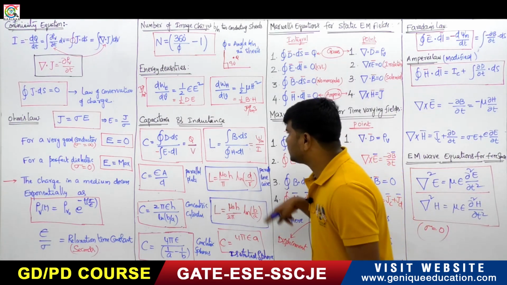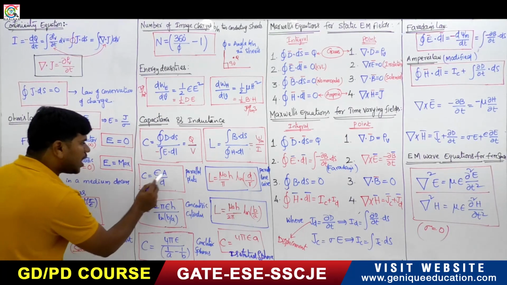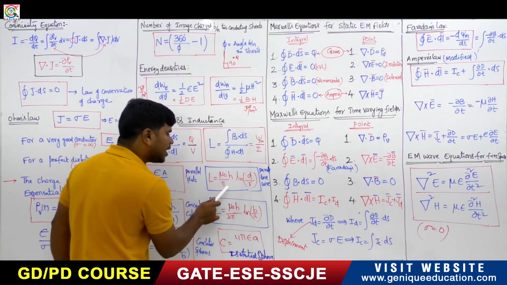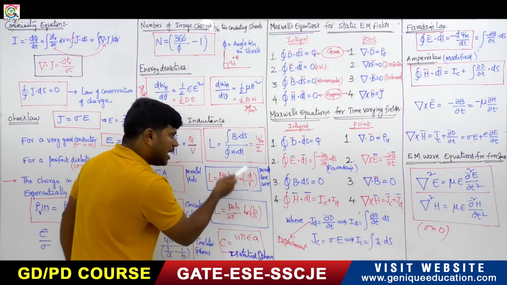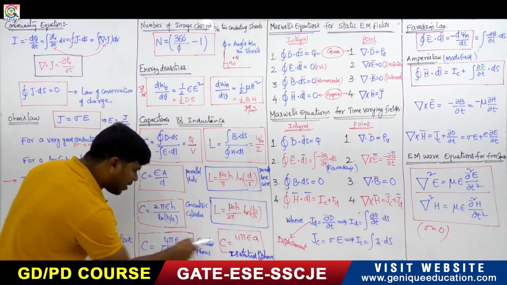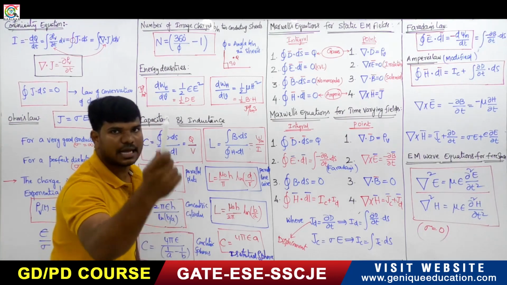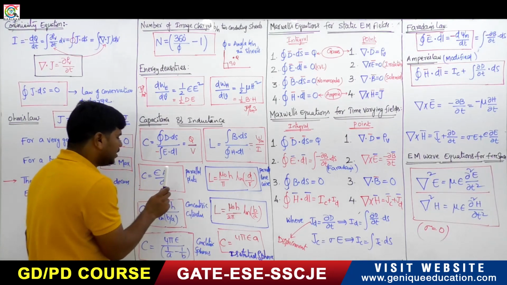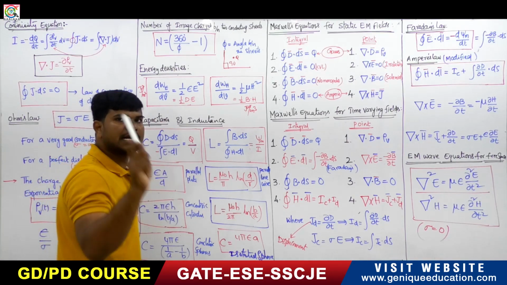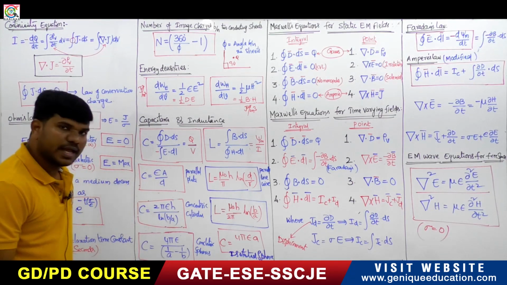If you observe all these things, see, this one is epsilon A by d. What is this? L also depends on material constants, physical length, physical diameters, and the distance between the lines. Observe this: each and every one is dependent on the physical dimensions of the inductor or capacitor.